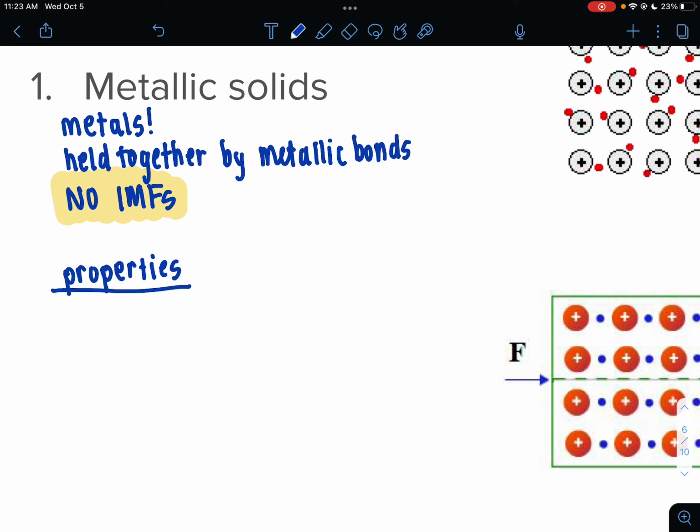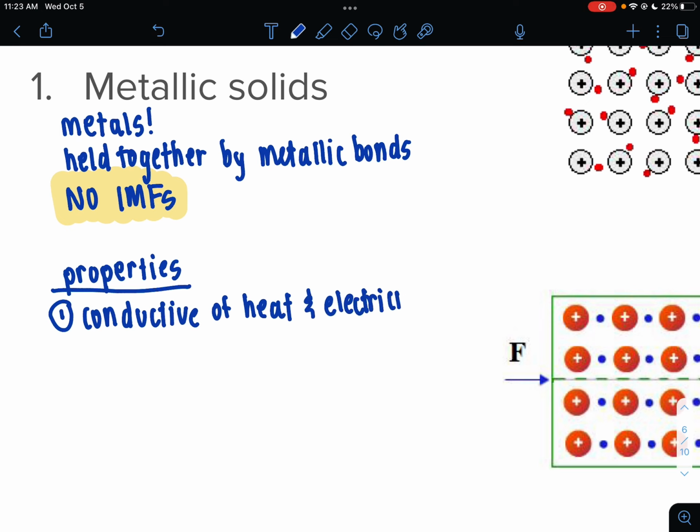So the first, they are conductive of heat and electricity. And that's probably the easiest way to tell something as a solid is metallic. The other ones don't conduct as a solid, so that's your best option to know something is metallic.